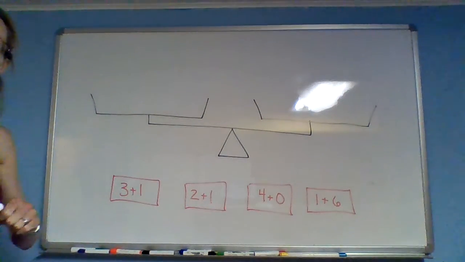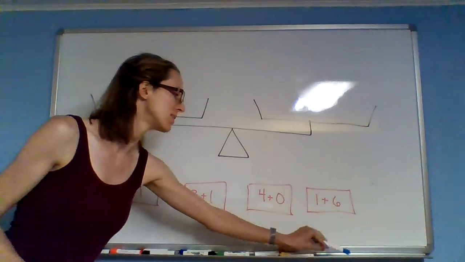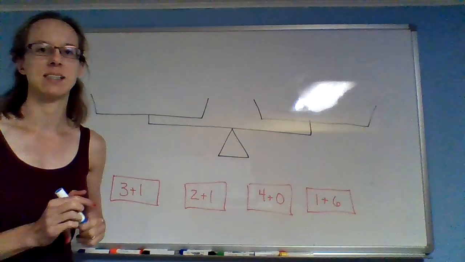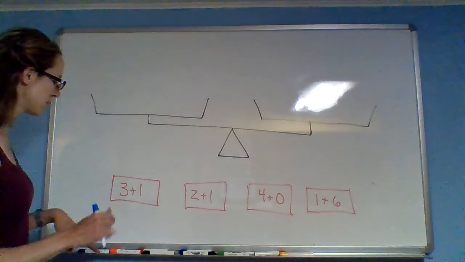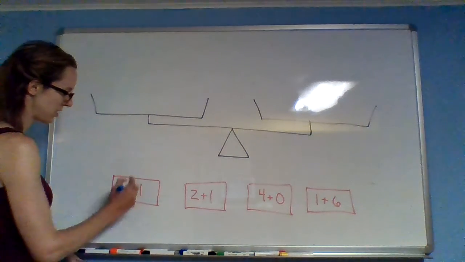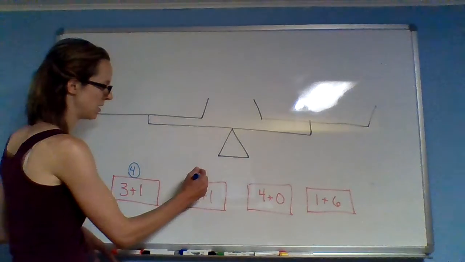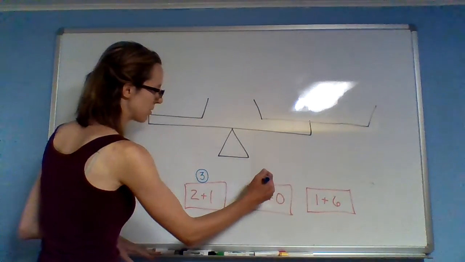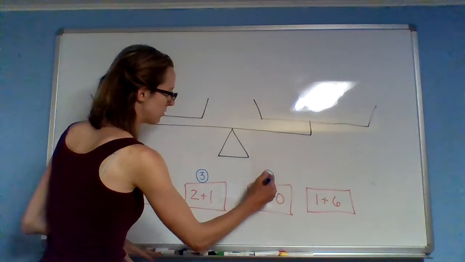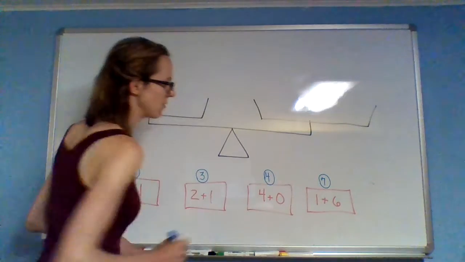What you'll need to do is you'll need to check each of the pieces to decide which ones could make a balanced scale. So what I would suggest you do is to think about the answer to each of the problems. 3 plus 1 equals 4. 2 plus 1 equals 3. 4 plus 0 equals 4. 1 plus 6 equals 7.